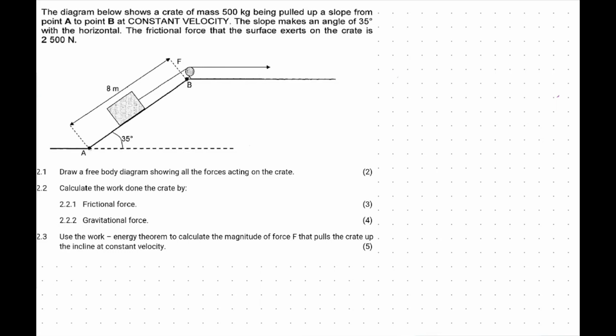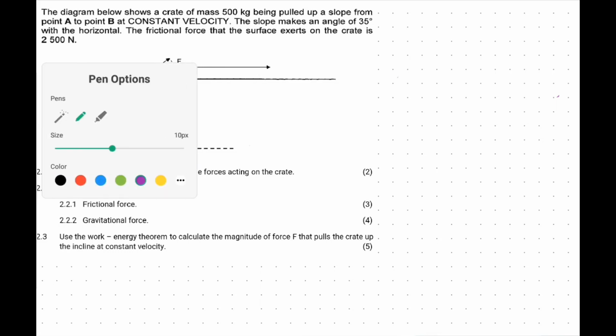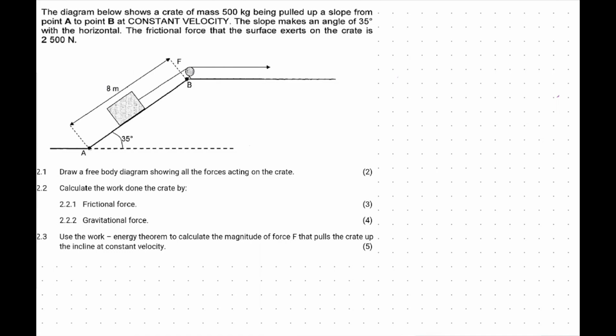In the second question, we got movement on an inclined plane. Okay, so using the work-energy theorem on an inclined plane, the diagram below shows a crate of mass 500 kgs being pulled up a slope from point A to point B at constant velocity.